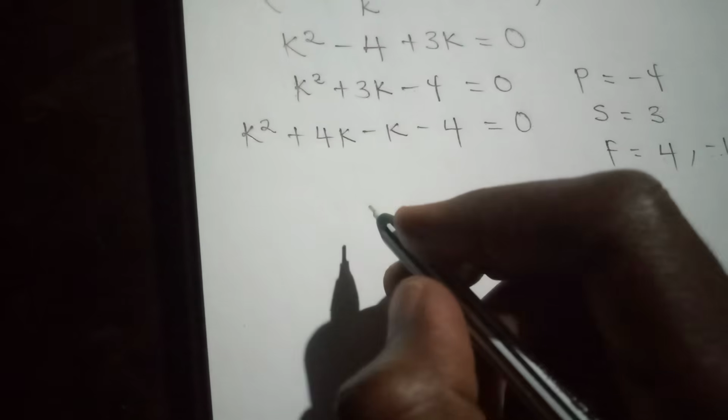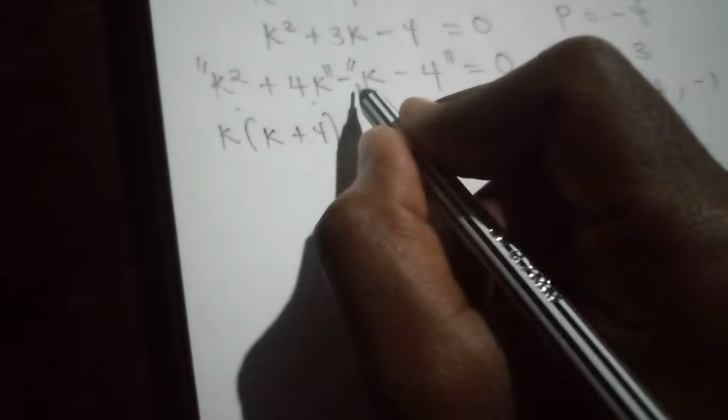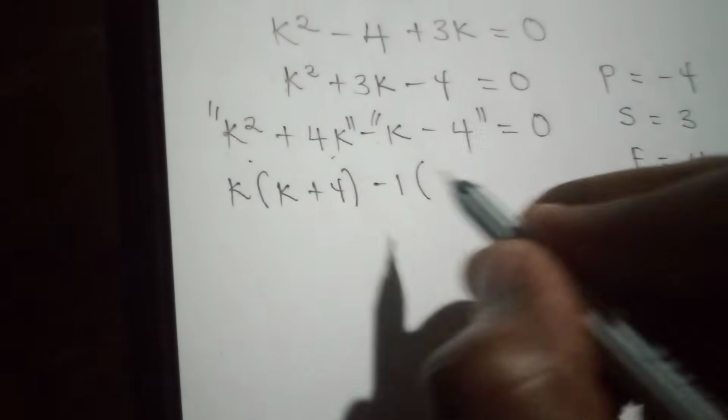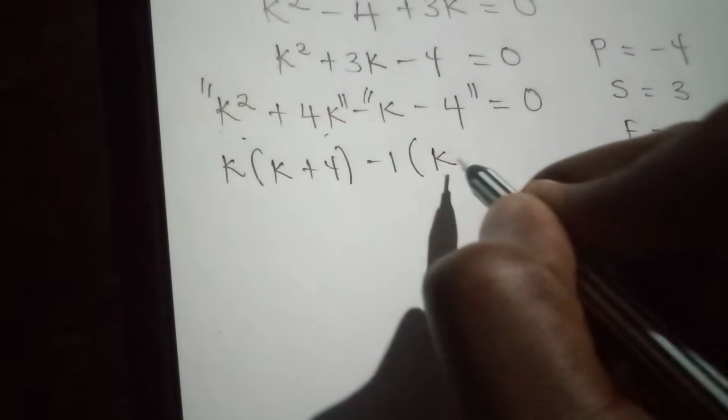From there, I have to factorize what is common. What is common between here is k. So I'm going to remain with k plus 4. What is common there is negative 1, open brackets, that negative 1 into negative k is positive k.